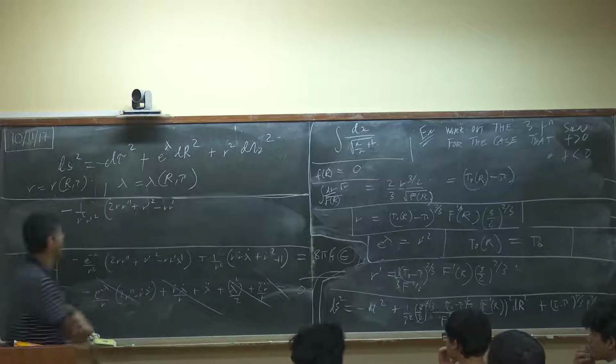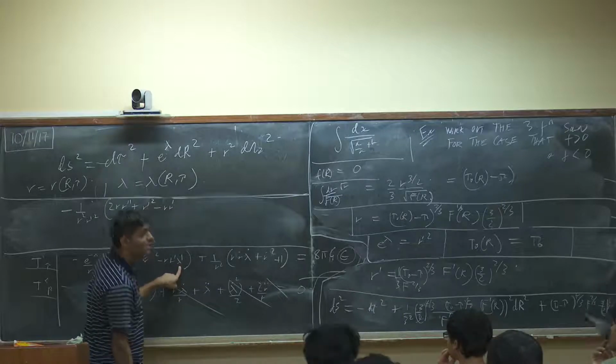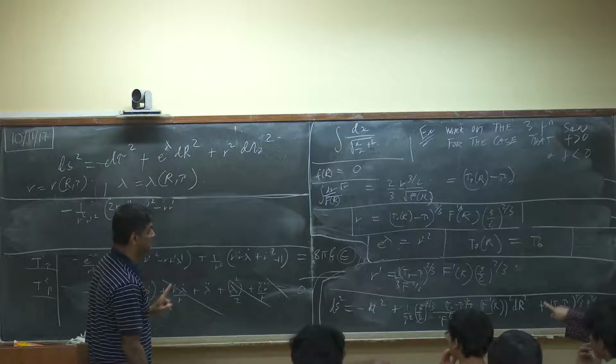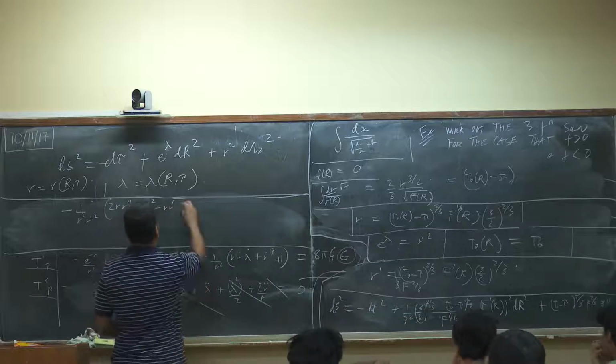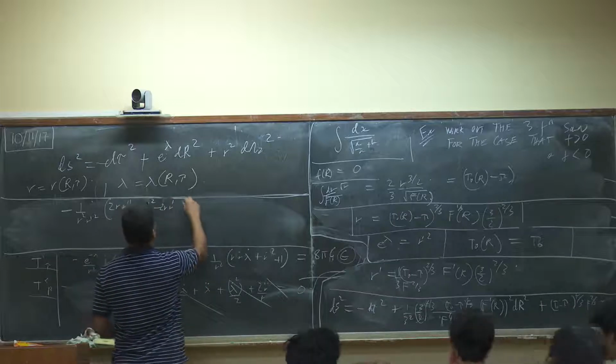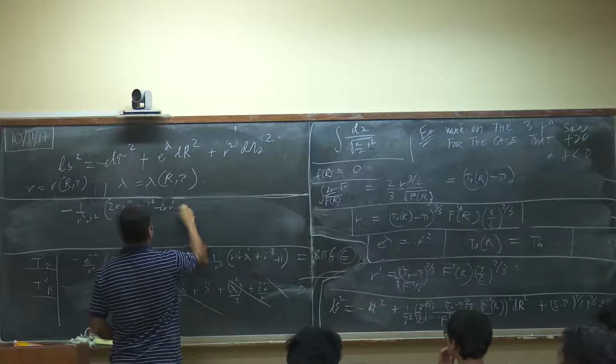Now lambda was 2 log r prime. And so we will get 2 r double prime divided by r prime.